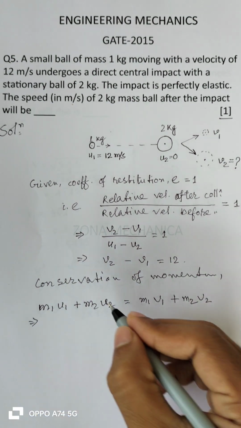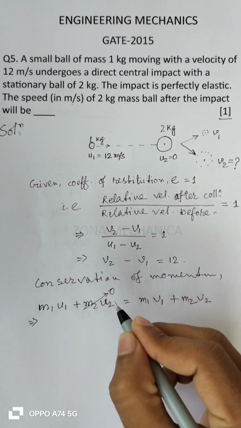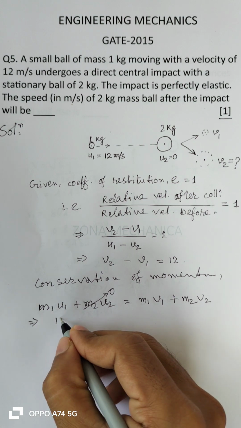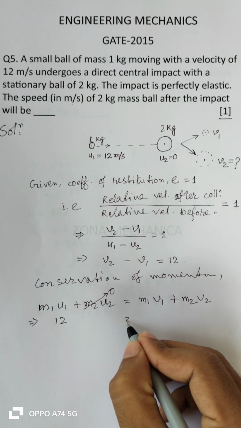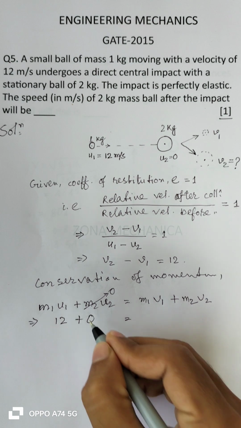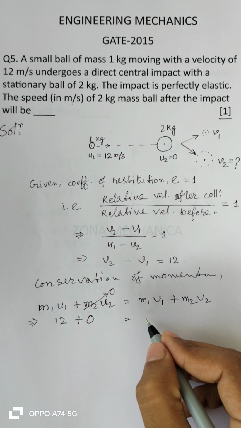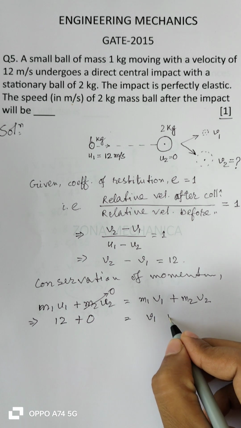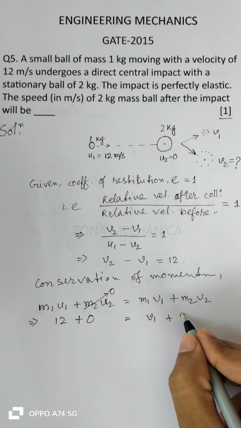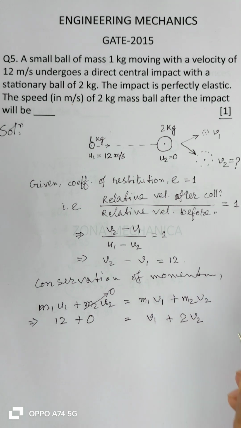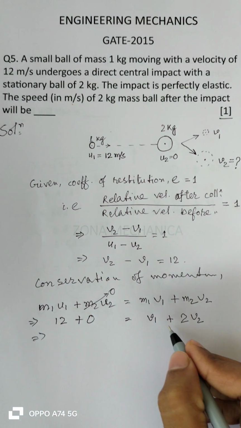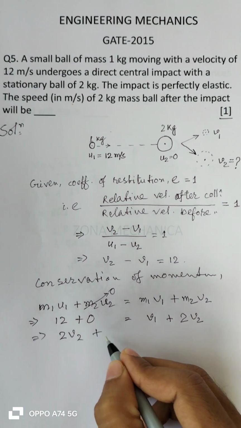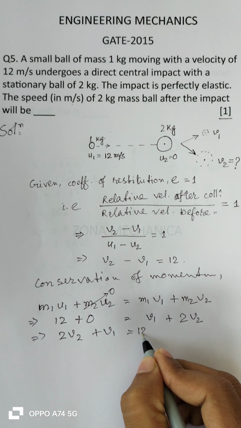So from here u2 is 0, so this is going 0. m1 is 1 kg and u1 is 12, so this is 12. This is equal to plus 0, this is equal to m1 is 1, v1 we don't know, so v1 plus m2 is 2 and v2. So from here we can write down that 2 v2 plus v1 is equal to 12.